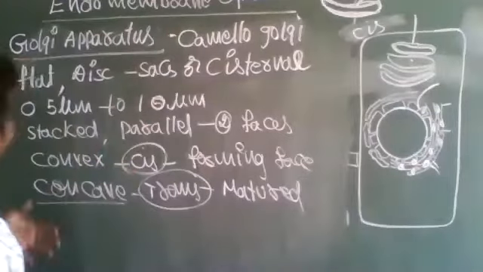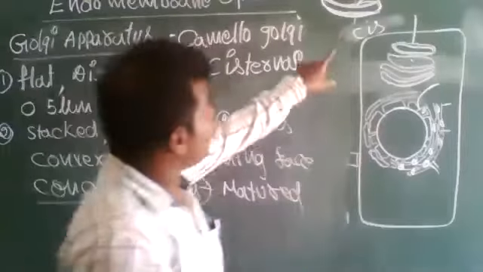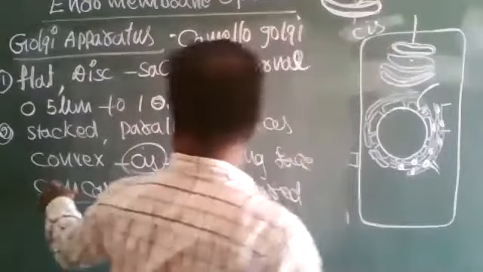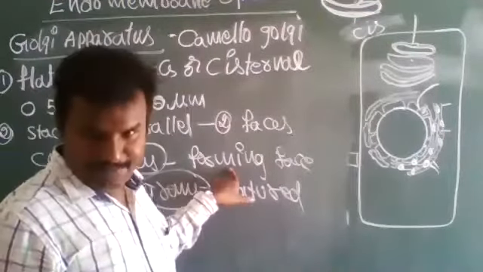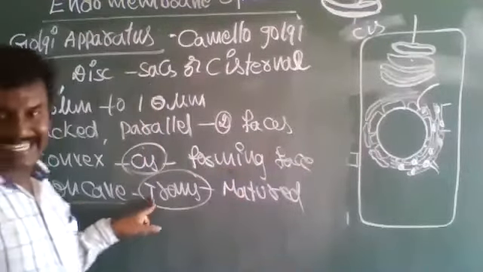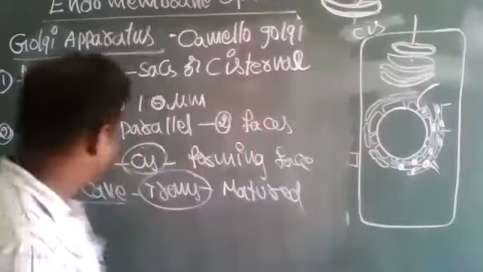This is the structure of the Golgi apparatus. So don't get confused. This is convex, also called the forming phase. Concave, trans, is the maturing phase. Okay.